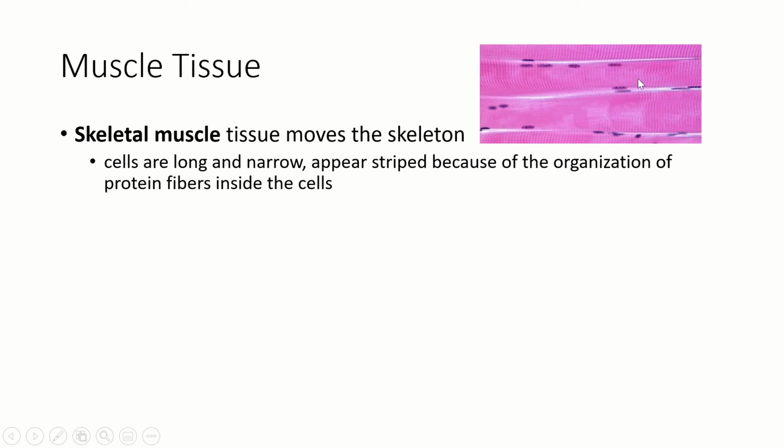Each cell has many nuclei, and they're striped, and we say it's striated because the proteins in here are organized in such a way that there are these gaps, not actual gaps, but spaces where there are fewer proteins and spaces where there are more. And then the size of these stripes change as the muscle fiber contracts and relaxes.